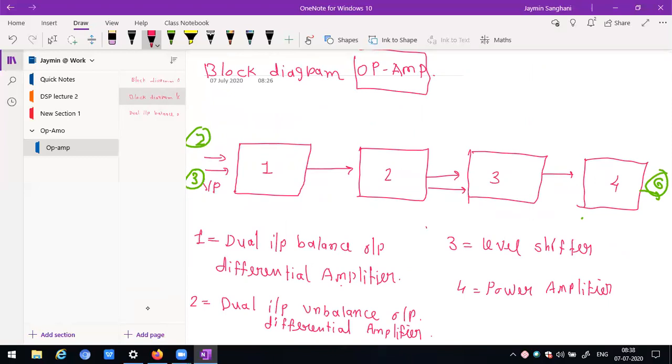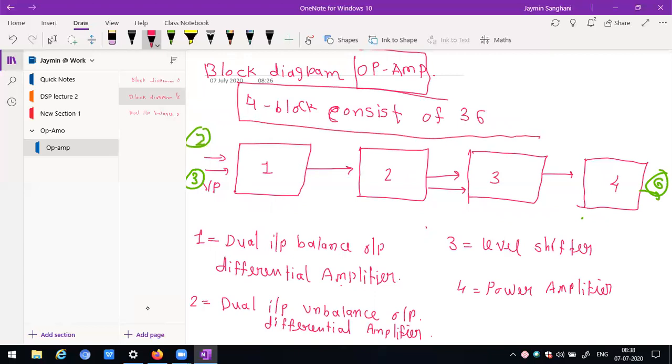These four blocks consist of 36 transistors. Please write this in your examination.